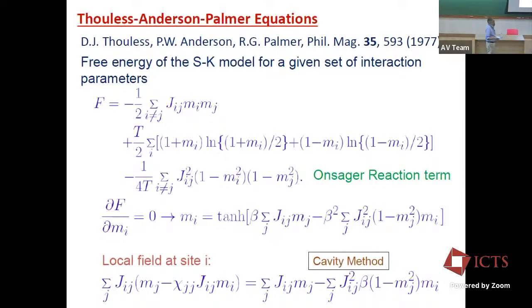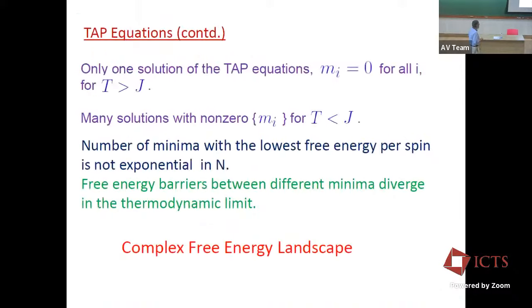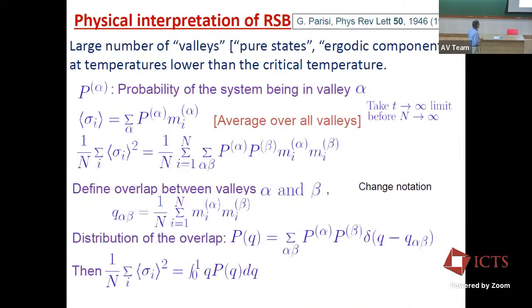One can do high temperature expansion, and one can do RG calculation for the replicated Hamiltonian. All these things people have tried. So then we have done all of this.